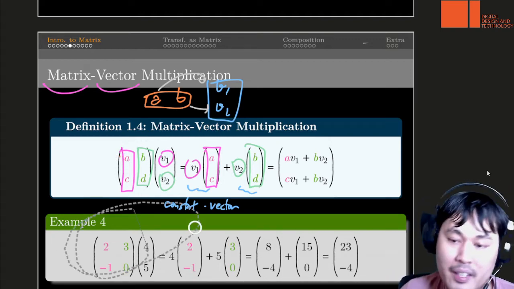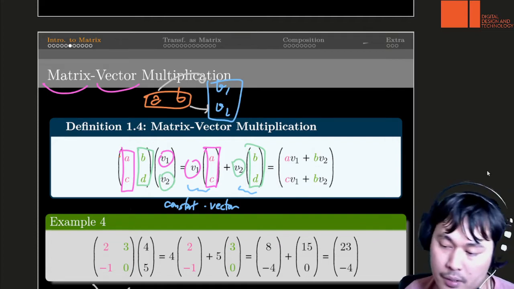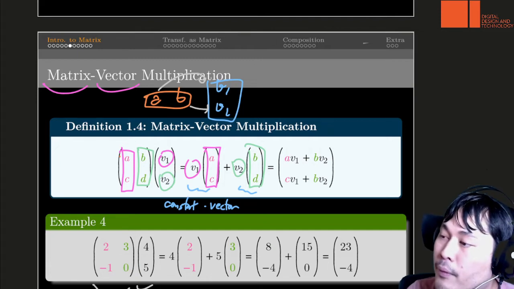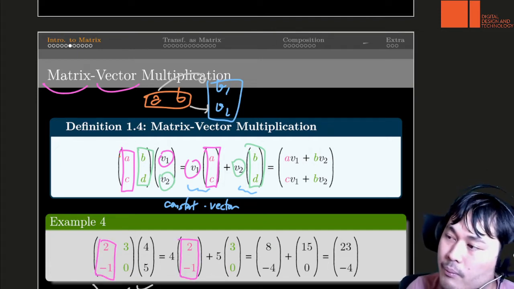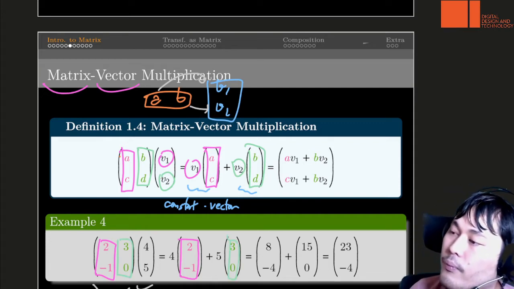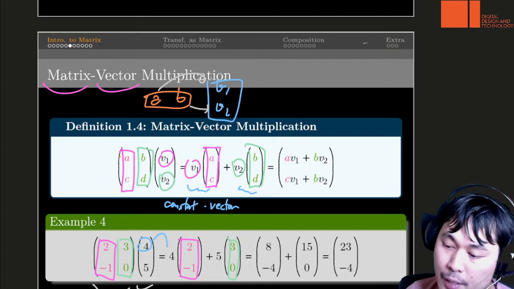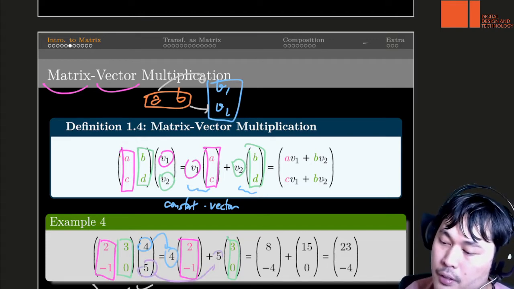So for instance, there's an example below here. If we have this matrix and we have this vector, then we still keep the same orientation for 2 and minus 1, and the same orientation for 3 and 0. What we change is we multiply 4 to the first column, and you multiply 5 to the second column.